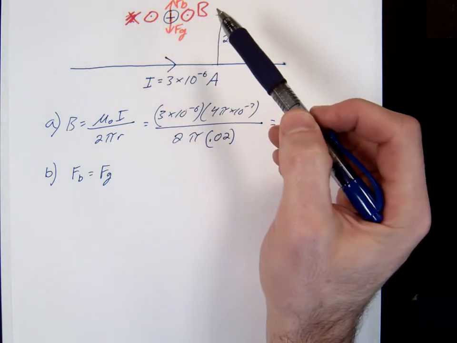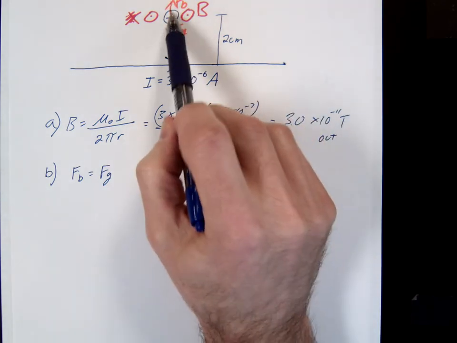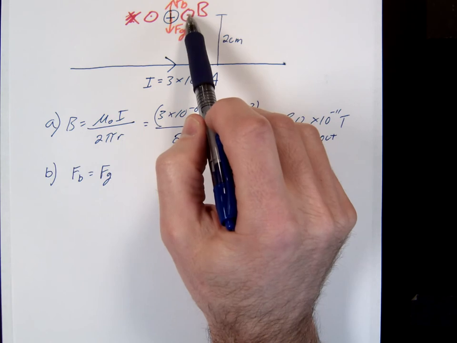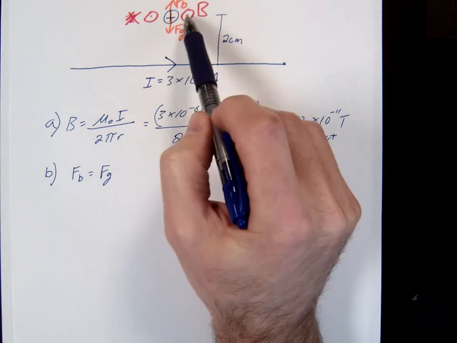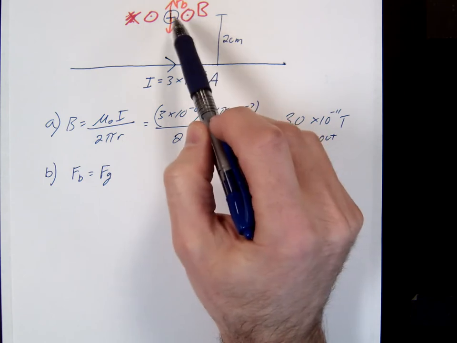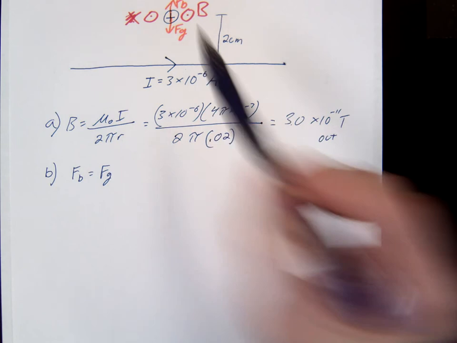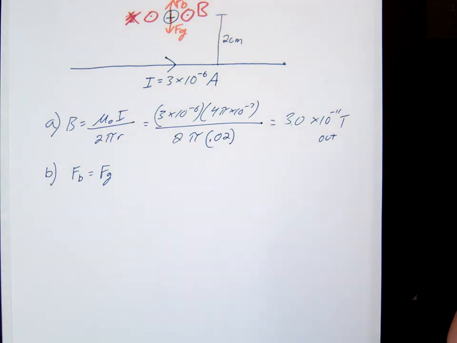Actually, why don't we figure out the direction right now. So we want the F_B to be up. The magnetic field that's coming from this is coming out, right? So we want to figure out what the velocity needs to be in order for that to happen. So we're going to use our first right-hand rule to figure that out.